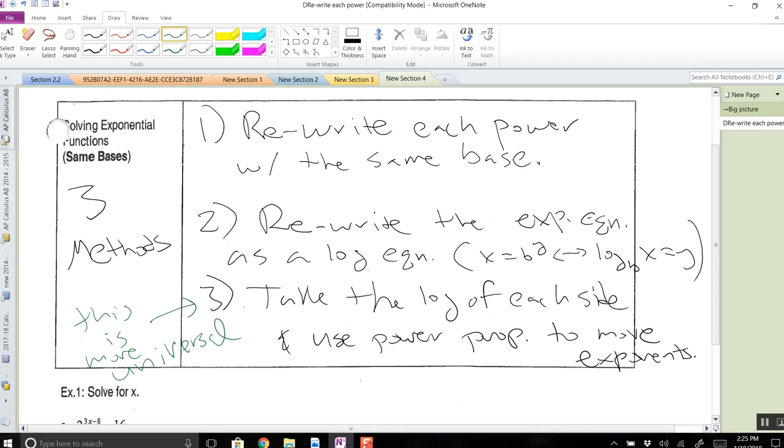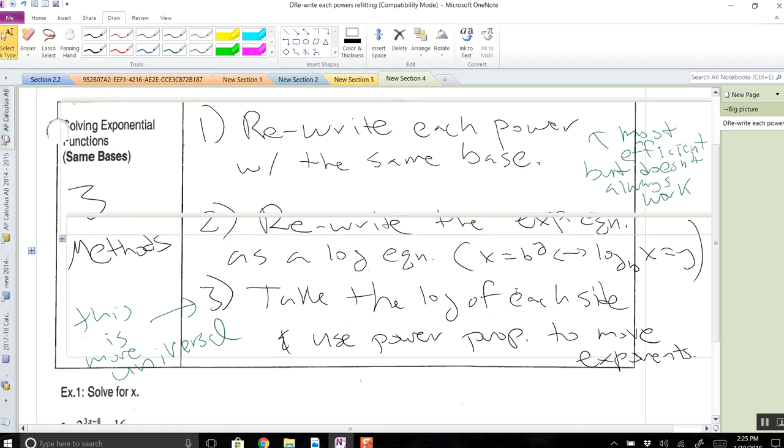It's not terribly efficient, though, as you'll see, so sometimes you don't have a choice but to use it. The first one is probably going to be the most efficient, but it doesn't always work. You'll see why in a sec.